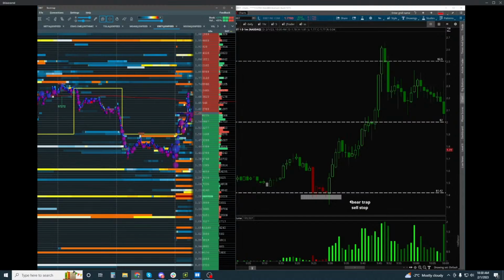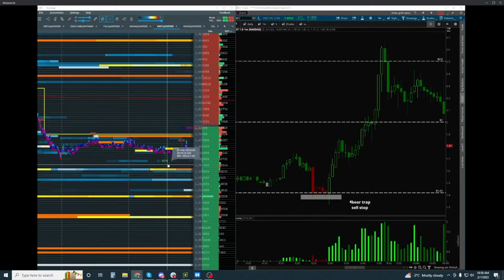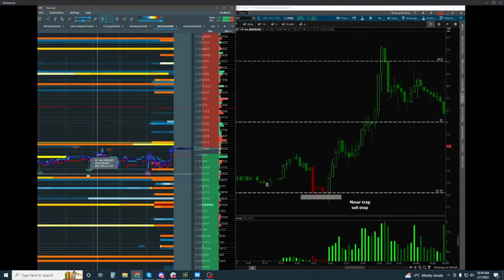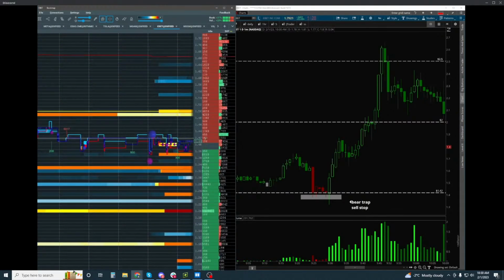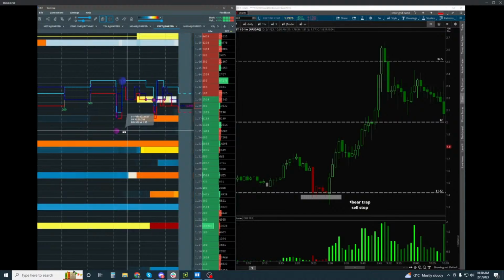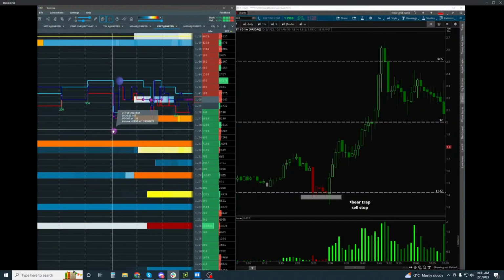So this dip tells me essentially one thing, that we are having a breakdown. But right away, if you look at how this price section over here works, we dip below that support.